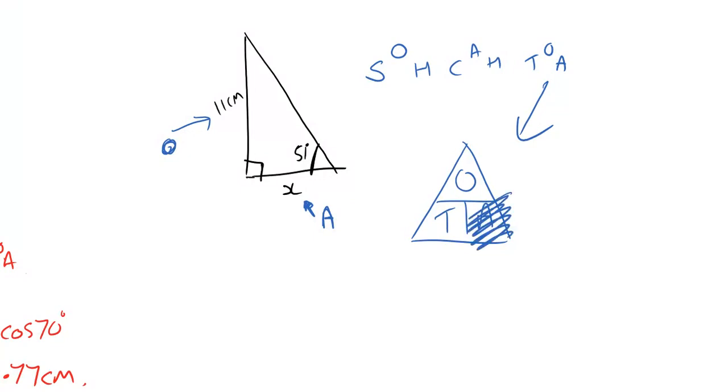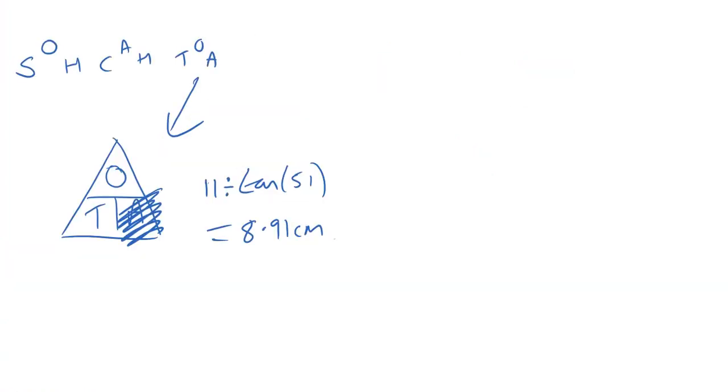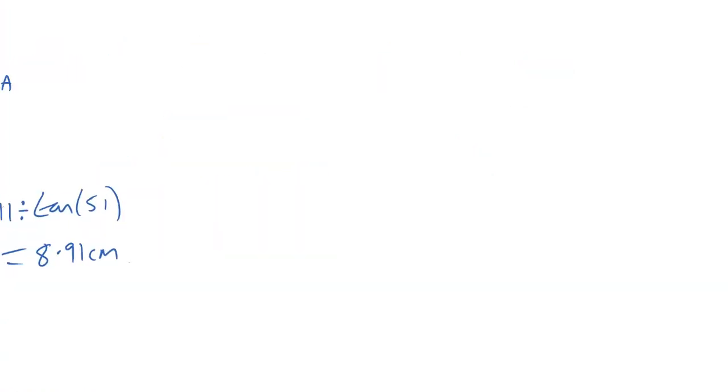So that's the A, and so we can clearly see we've got to do the opposite divided by the tan of the angle. Well, that is going to be 11 divided by the tan of 51. So you can type that into your calculator. Make sure you press that tangent button. That is 8.91 centimeters.